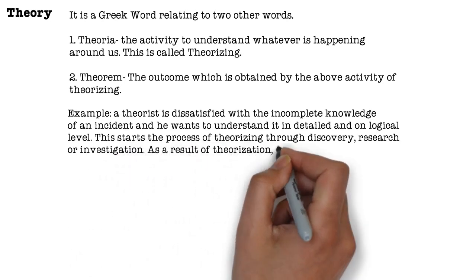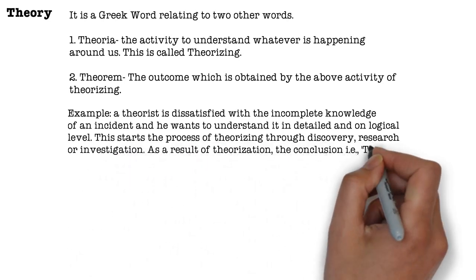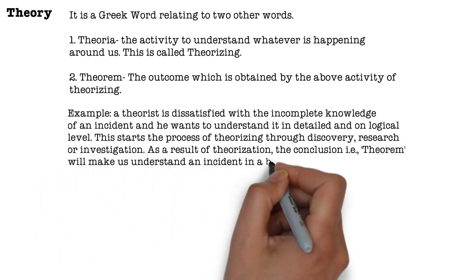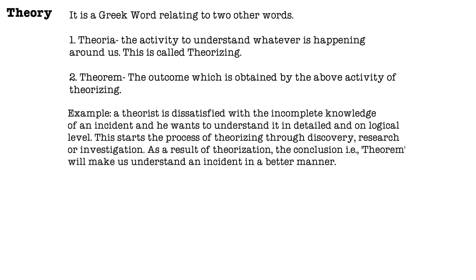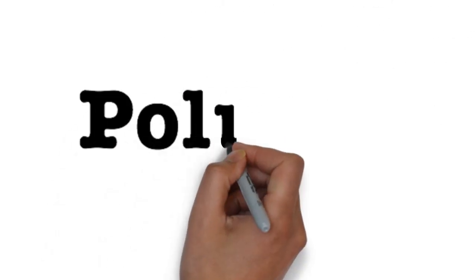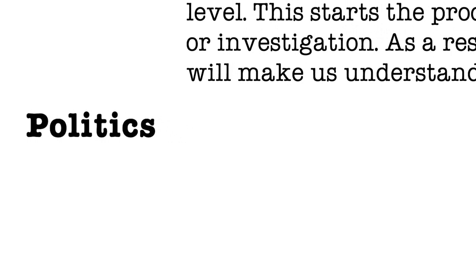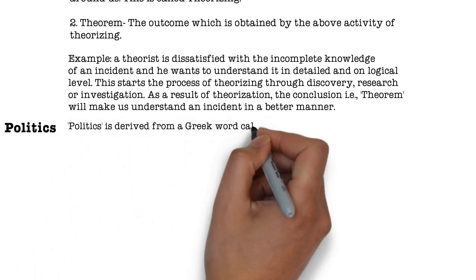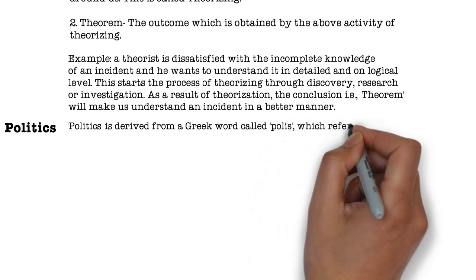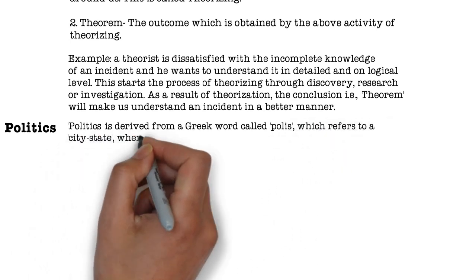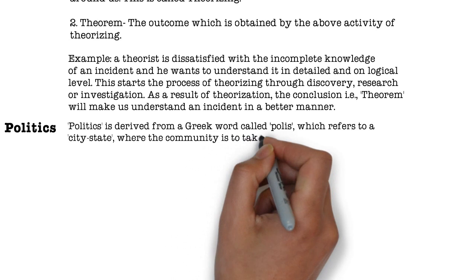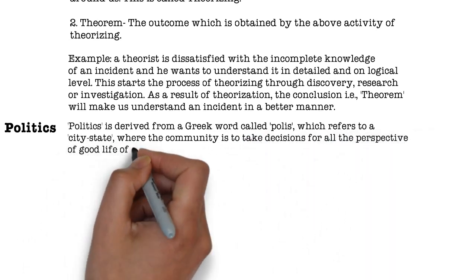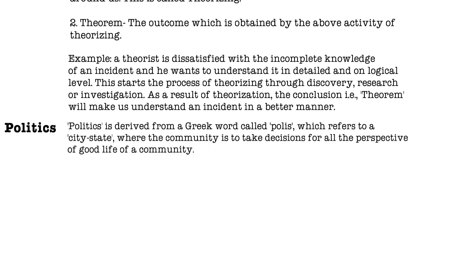As a result of theorization, the conclusion, that is the theorem, will make us understand an incident in a better manner. On to the next word, politics. Like theory, politics is also a Greek word, which has evolved from the word polis, which is called a city-state, where the community is to take decision for all the perspectives of the good life of a community.